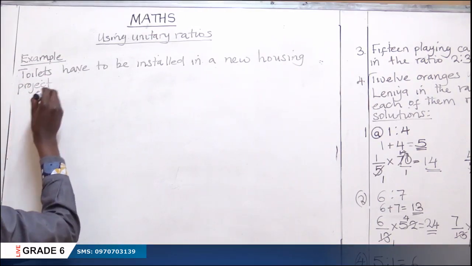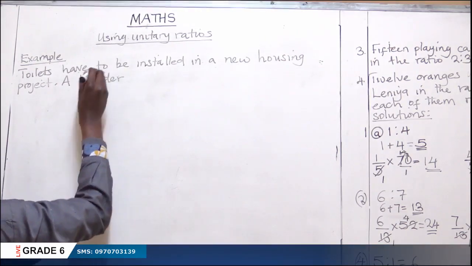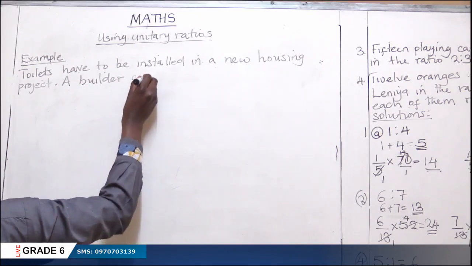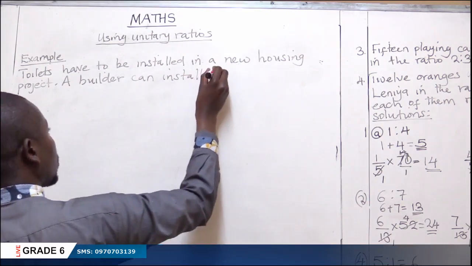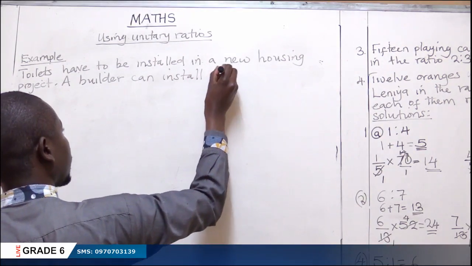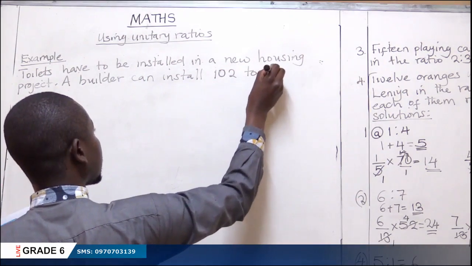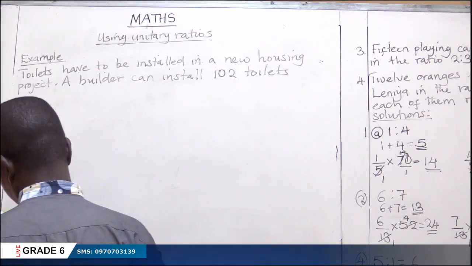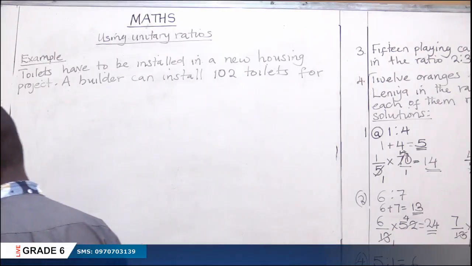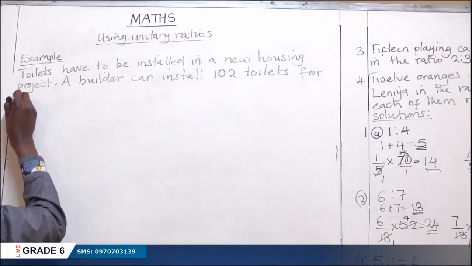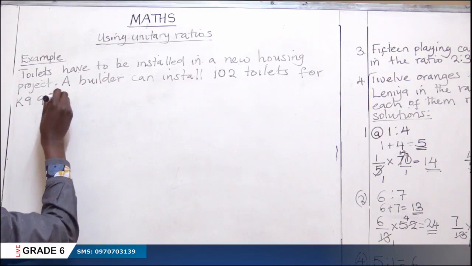Okay, in a new housing project, a builder can install 102 toilets for 9,996 kwacha.